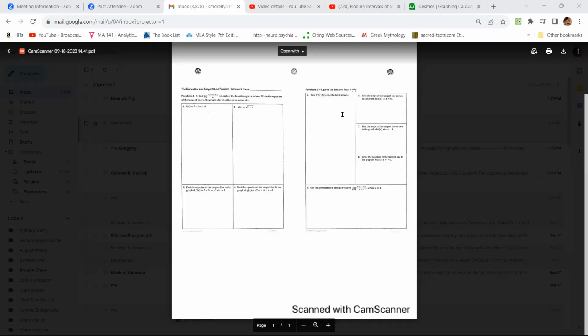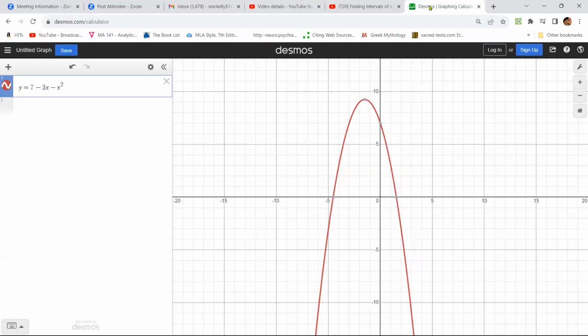I don't have Desmos on this screen, so I have to go back to the other tab and share from there. So you should be able to see my Desmos screen, right?